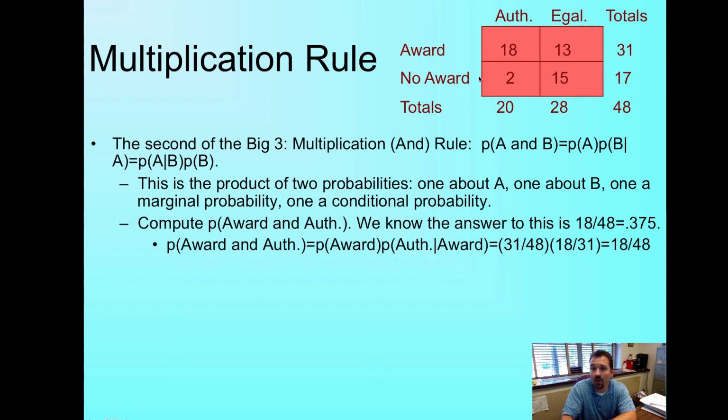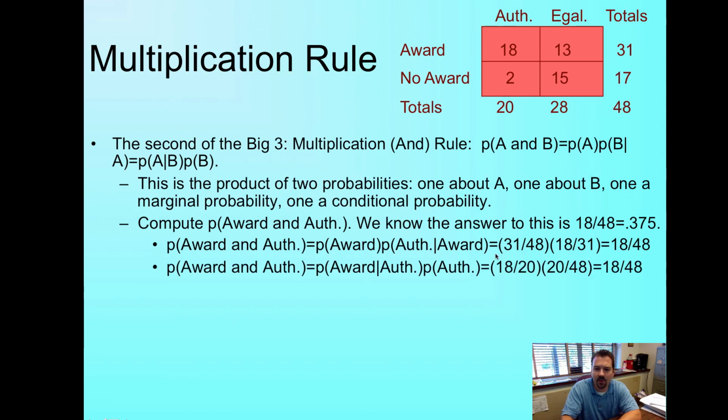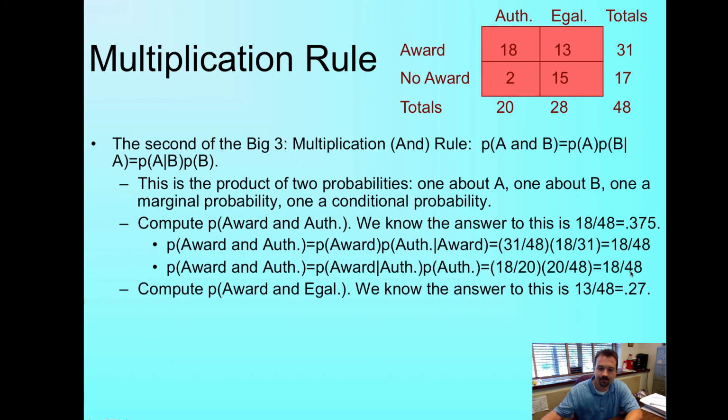So you're given award, you narrow down to this row for award, then you look for authoritarian, 18 divided by 31, and you multiply those two together, and sure enough, you get 18 out of 48, 0.375 again. You can also do it the other way around, probability of award given authoritarian times probability of authoritarian. Sorry, I'm calling it authority versus authoritarian. Either way, you're also going to end up with the same number here.